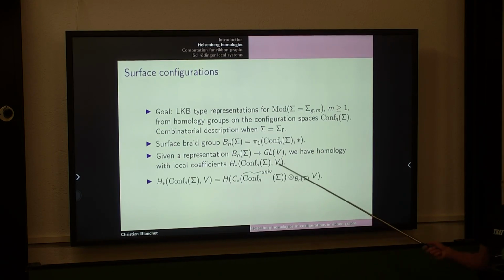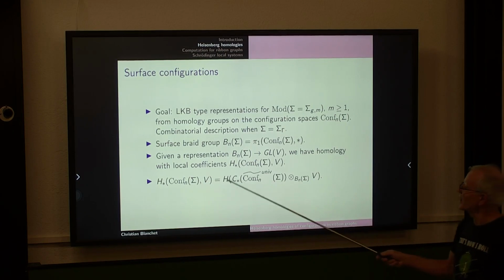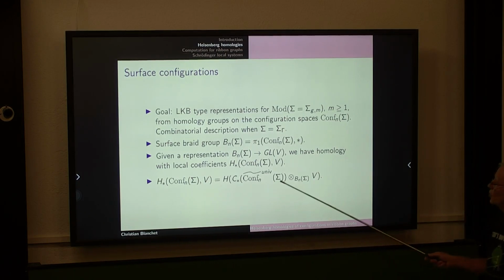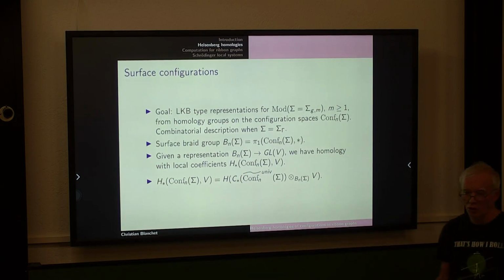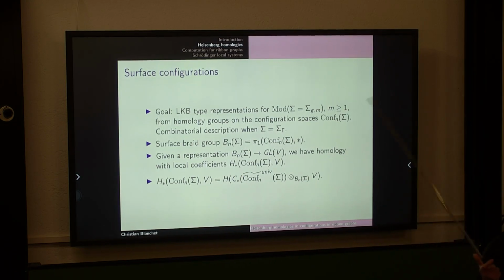If you do not know too much about this, just say that you take the universal cover and tensor with the representation of the action by deck transformations of the pi1. This gives you a complex, and the homology with local coefficients can be defined like this. This is my preferred definition of homology with local coefficients.